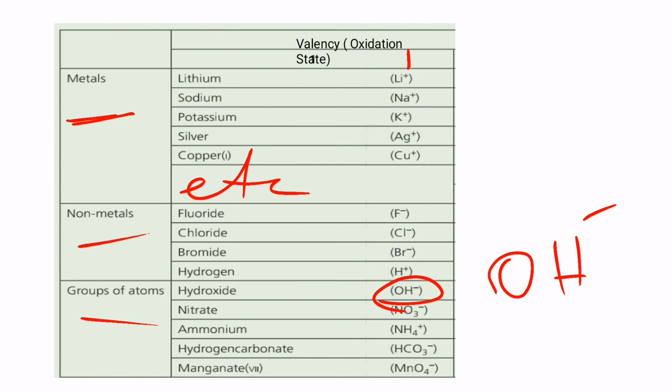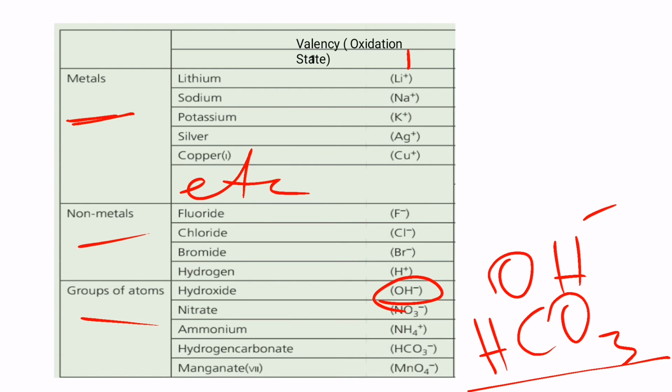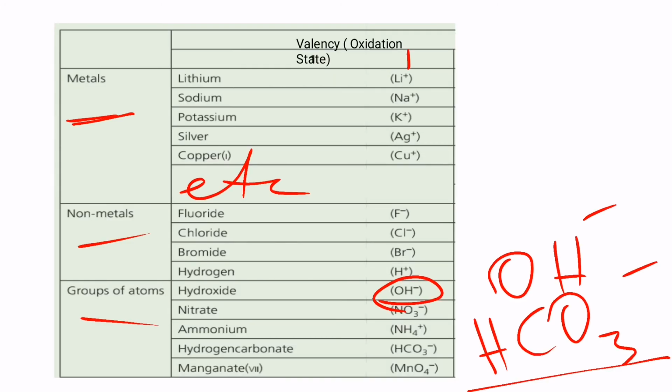Ammonium. Hydrogen carbonate. So this is the formula for hydrogen carbonate. And then if we want to find the charge, it is 1. And the manganate 7. So that is the charge. So here we can combine.